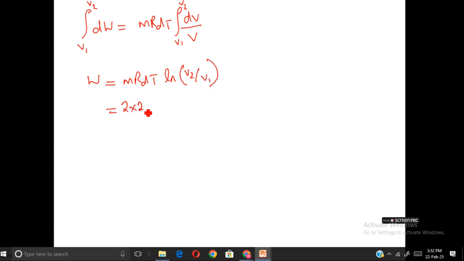So 2 into 287 into 273 into log of V2 by V1, where V2 is V1 by 2. It will be log of 1 by 2, or log of 0.5. What will be the work done? Can you tell me how much it will be? 2 into 287 into 273 into log of 0.5.